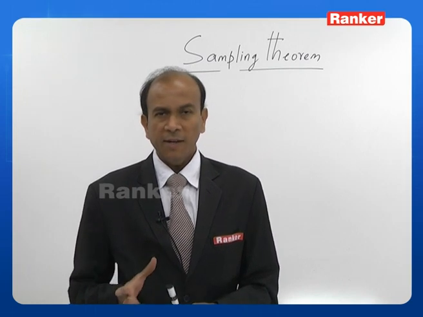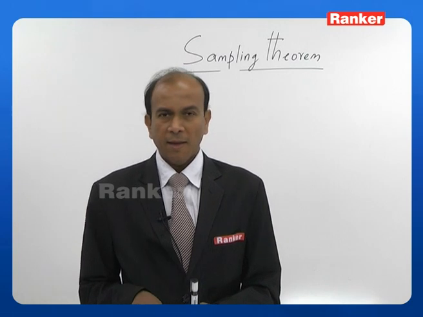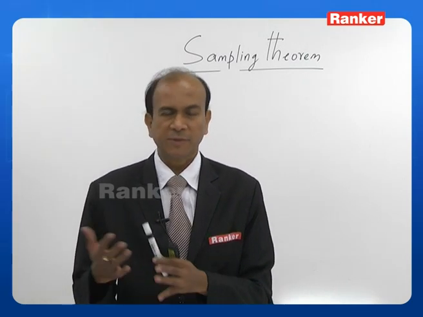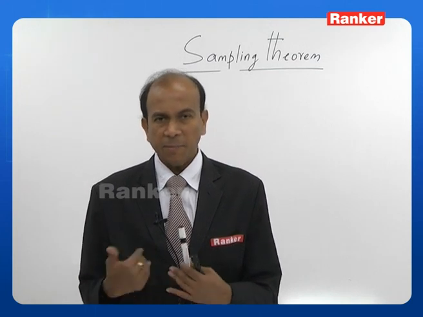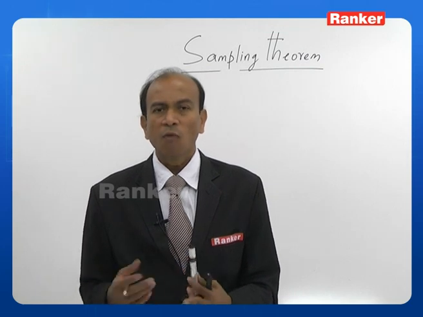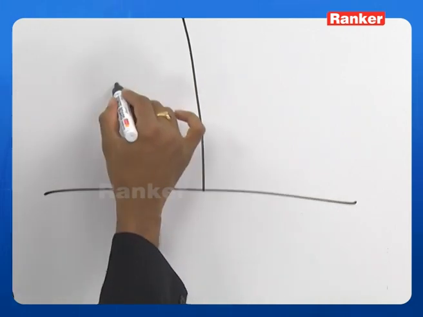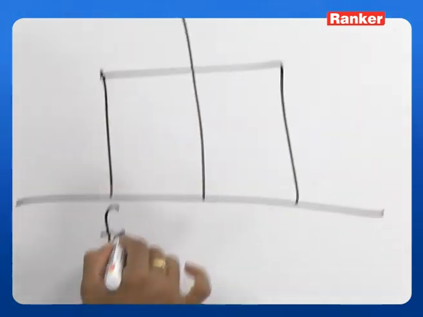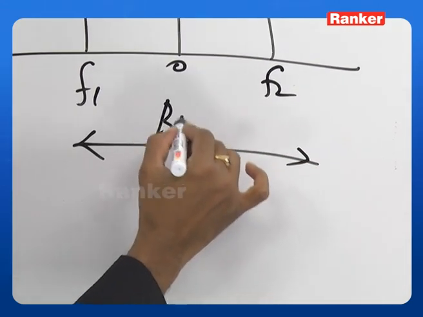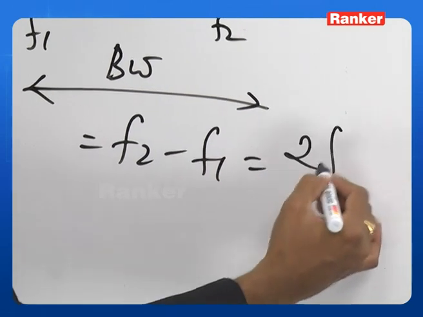So, here we take a band pass signal and calculate its bandwidth. That bandwidth is equal to twice the maximum frequency, that is 2 fm, and our sampling rate here must be twice of that, that means 2 into 2 fm, which is 4 fm. So, I take a band pass signal here, this is f1 and this is f2, and I calculate the bandwidth, which is f2 minus f1, equal to 2 fm.